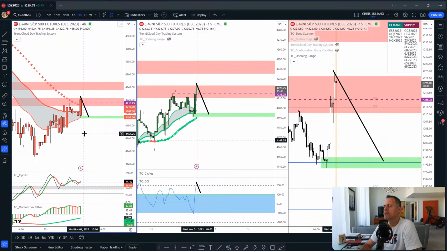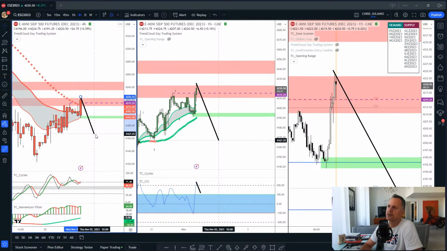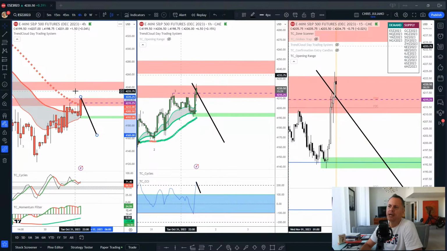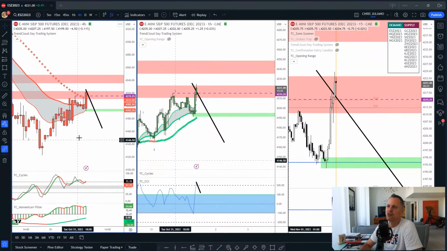At the same time, look at your picture on that high time frame. Remember, the trend is still down. So look at what this picture looks like. Kind of looks like a deep pullback into your trend cloud and then the move down, the continuation of the high time frame.